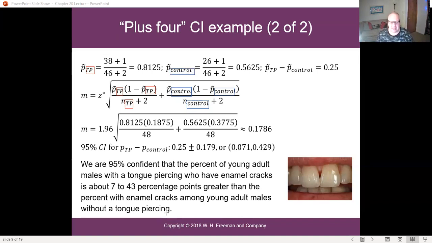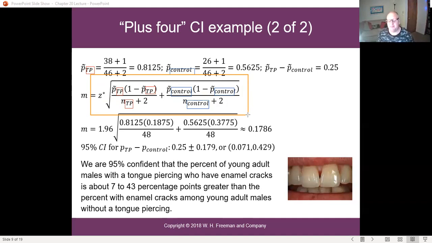So what they did in this whole part right here is they rewrote the entire margin formula using the new subscripts to represent the group of TP and the group of control.